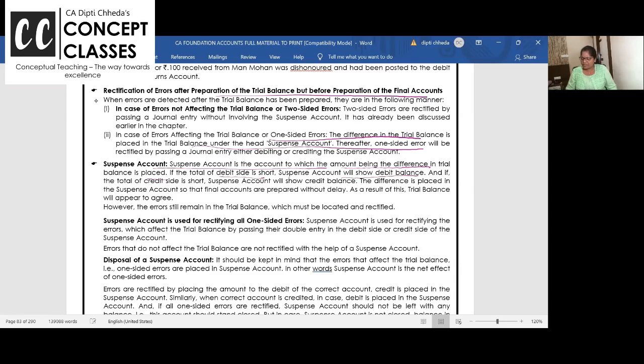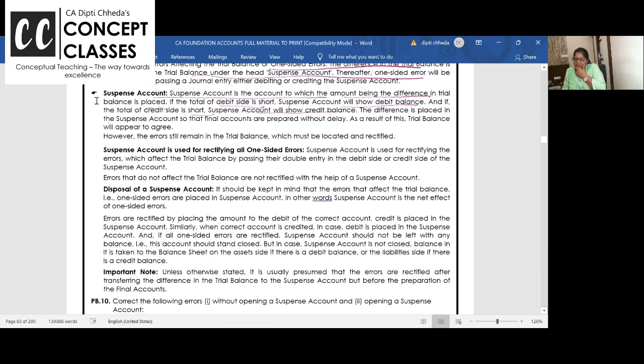And if total of credit side is short, suspense account will be taken on the credit side. Difference is put up in the suspense account and trial balance is prepared. Suspense account is used for rectifying all one-sided errors. Errors that do not affect trial balance are rectified with the help of the suspense account. Yes?